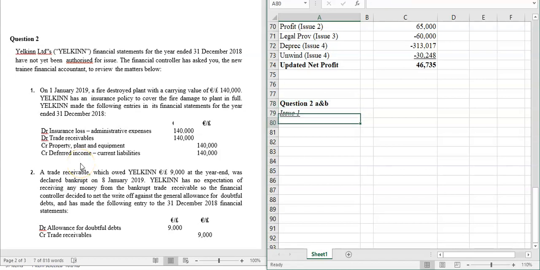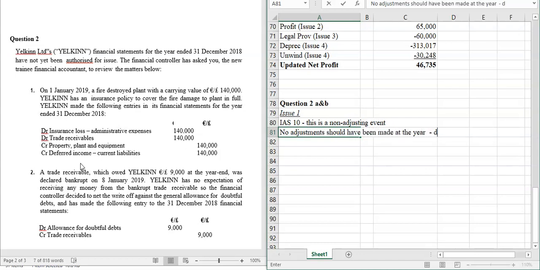Issue 1 is under IAS 10. This is a non-adjusting event. So it's one of the clear examples that's given in IAS 10. It does not give more information about a condition that existed at the year end. So no adjustments should have been made at the year end.